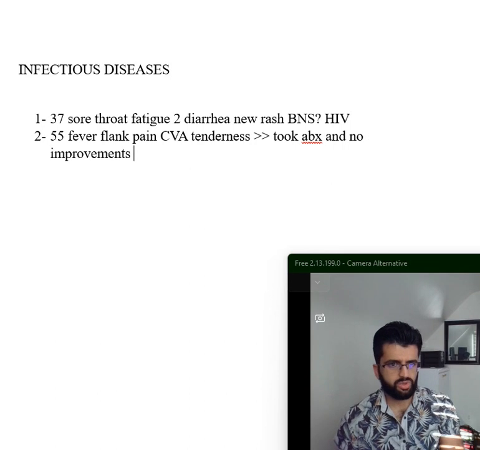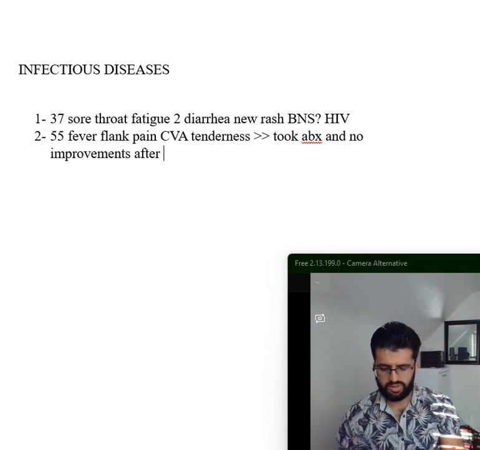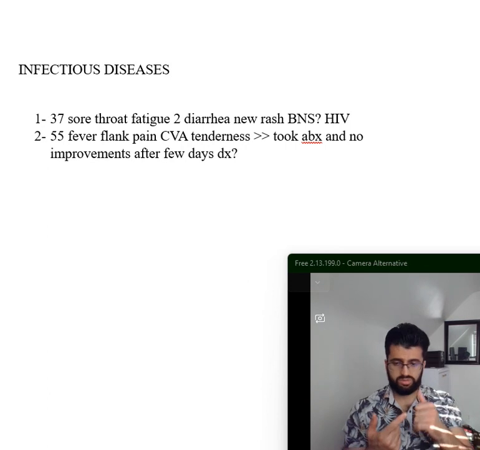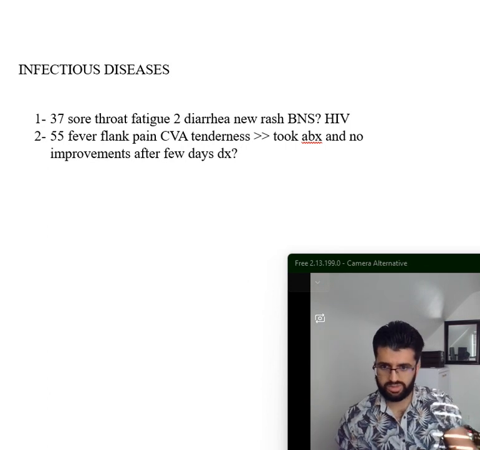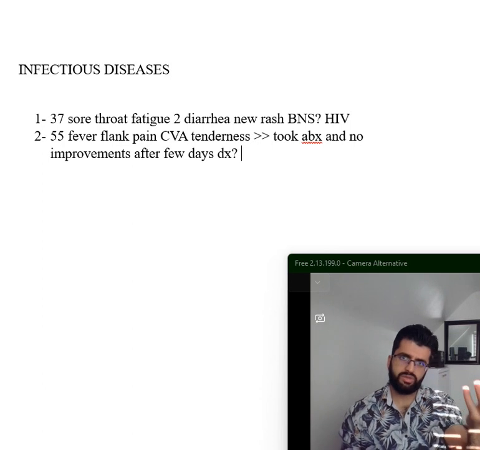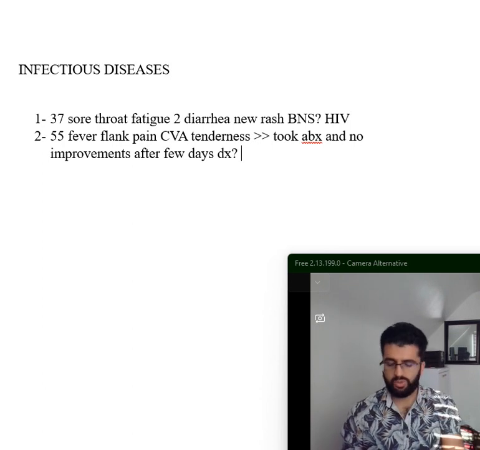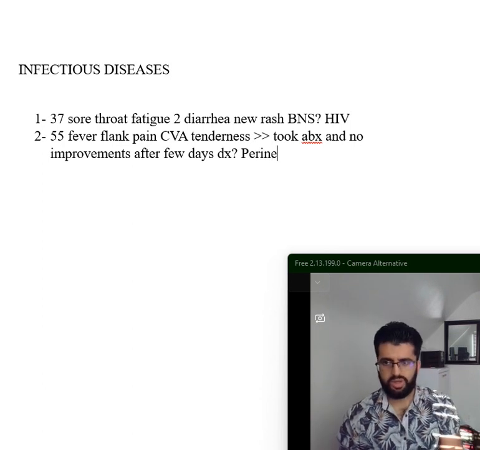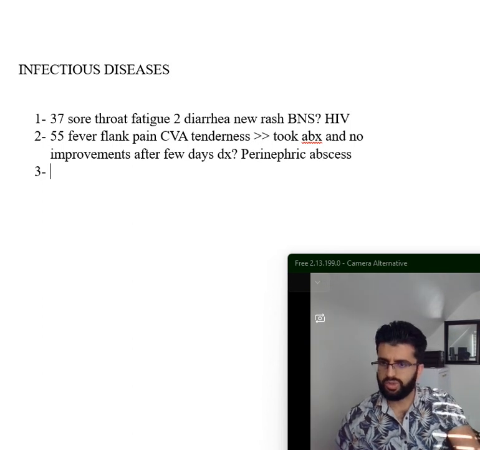Still have leukocytosis and everything after a few days. And they ask, what's the diagnosis? So, pyelonephritis resistant to antibiotics. What could be causing that? You need CT. We know after 2 days, if no improvement, you do a CT scan. Why? Because you suspect perinephric abscess, and that's exactly what we could be dealing with here.